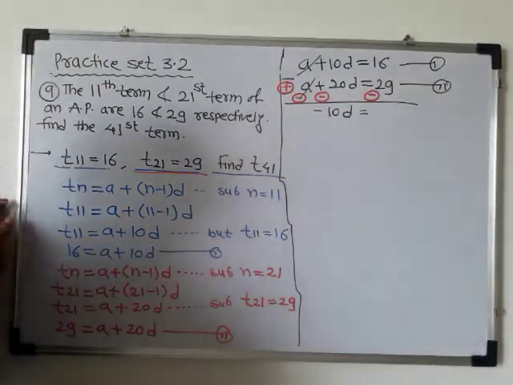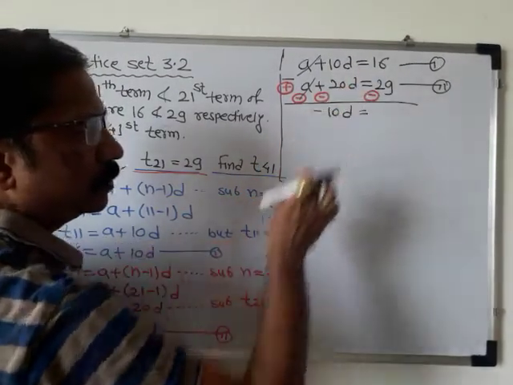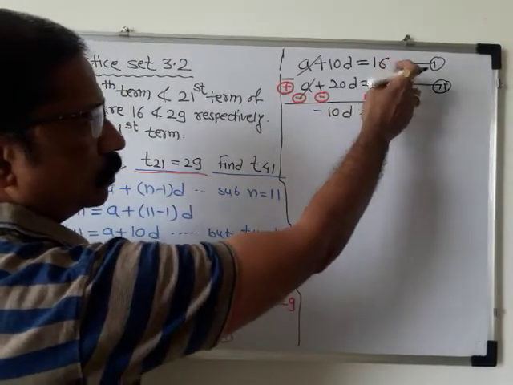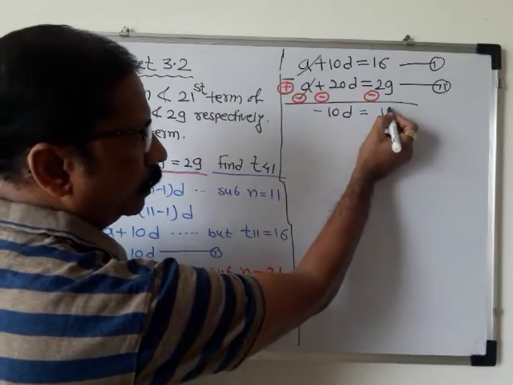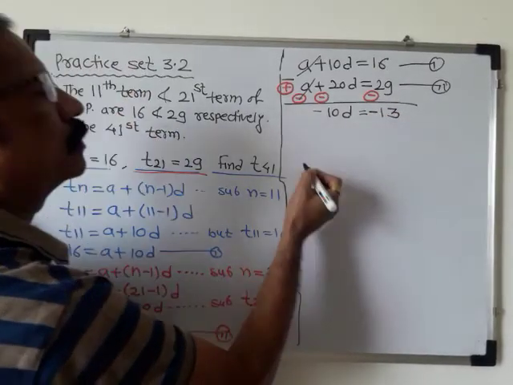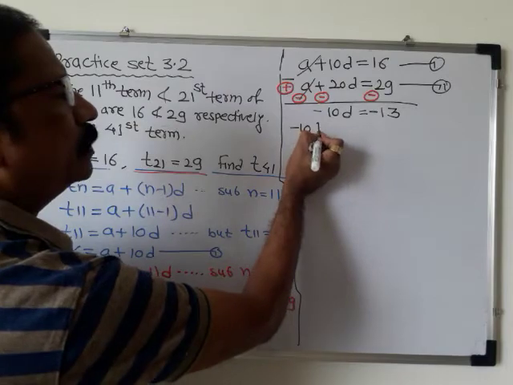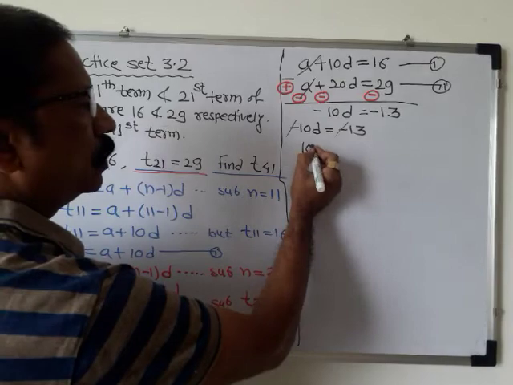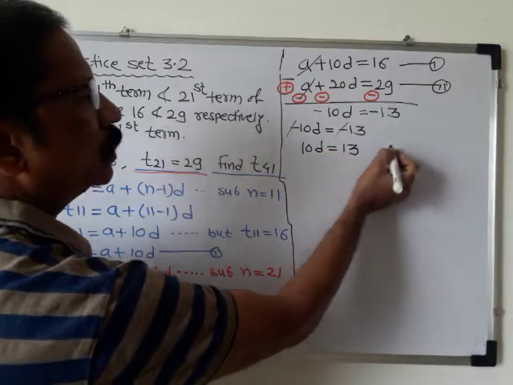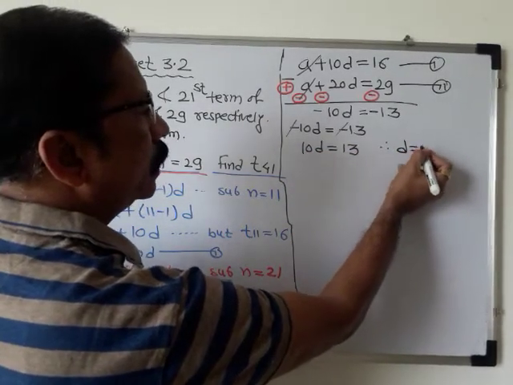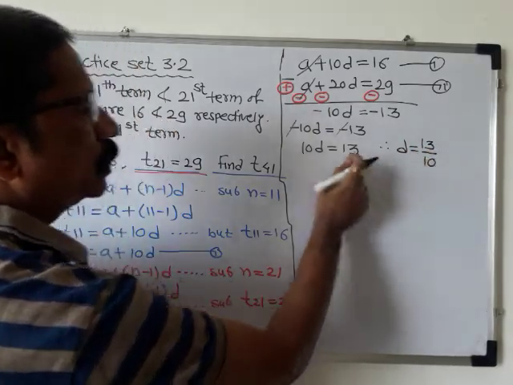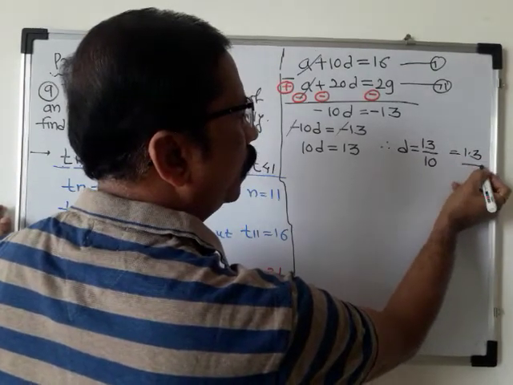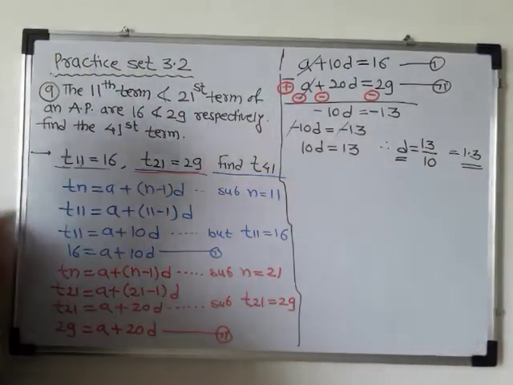Here also 16 minus 29, plus minus, subtraction, sign of the greater, so you will get 13 and the sign of the greater is minus. So you got minus 10d is equal to minus 13. Minus and minus get cancelled. So 10d is equal to 13. That is d is equal to 13 upon 10, that is equal to 1.3. This is the value of d.